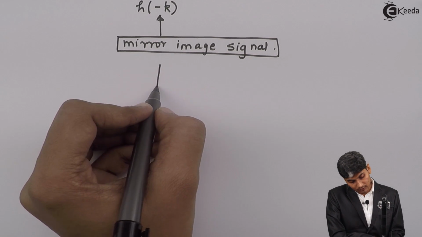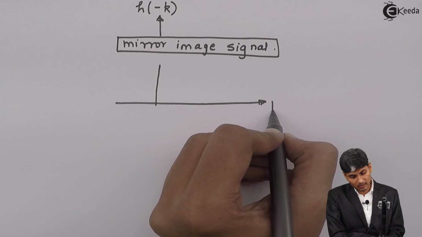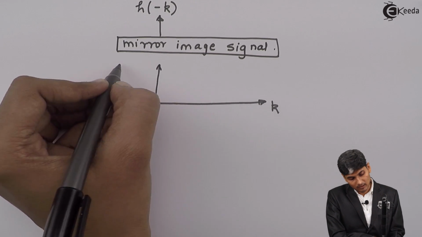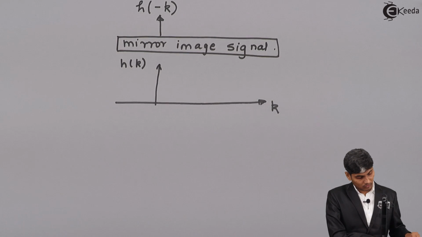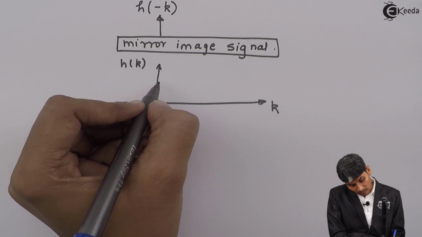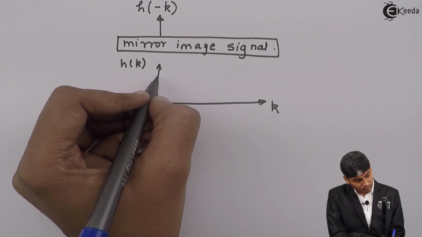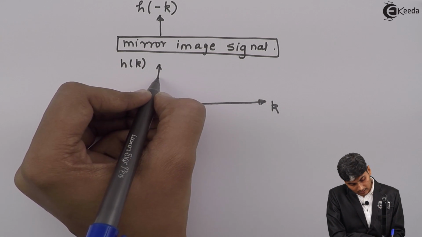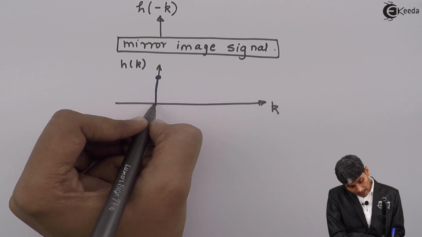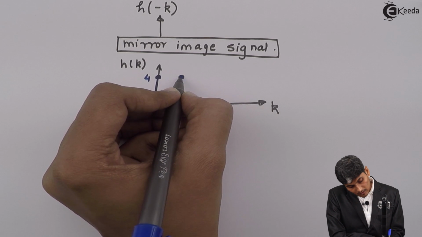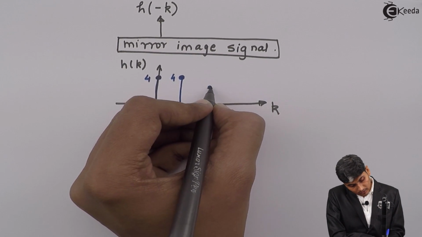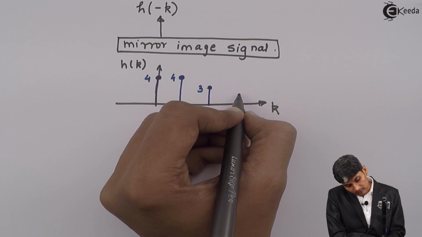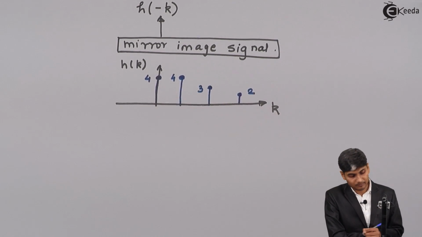So, I will draw a signal first with the indentation now k, and this is h of k, which is, let us draw with another color. I say that this is my 4, 4, 3, 2. So, let us take this as the highest height of 4, and again I have at n is equal to 1 just 4, and then I have 3 over here, and I have, let us say, 2 over here.